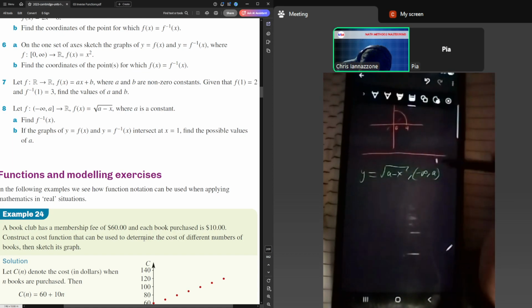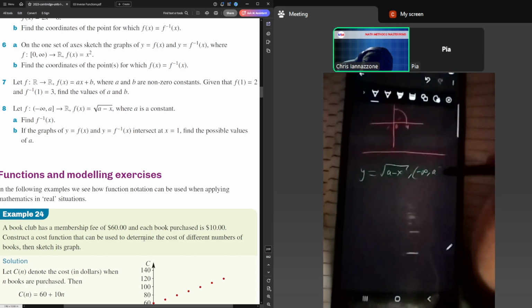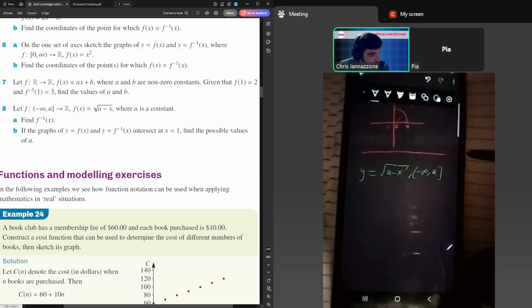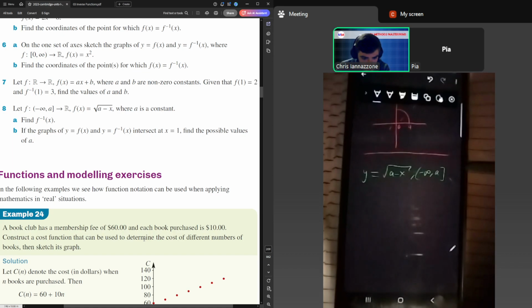Oops, that a should have been a square bracket. First question is find f inverse, so that's sort of whatever. Do you want me to just blitz through that, or you want to explain through it? You can do it. Yeah, okay.